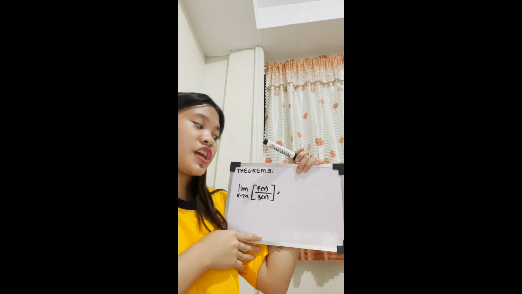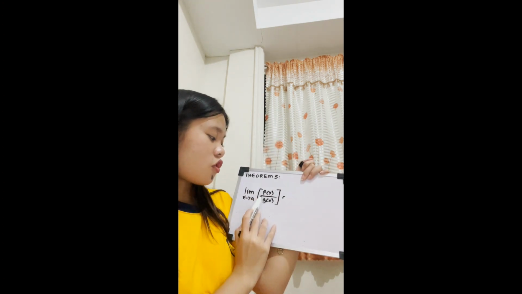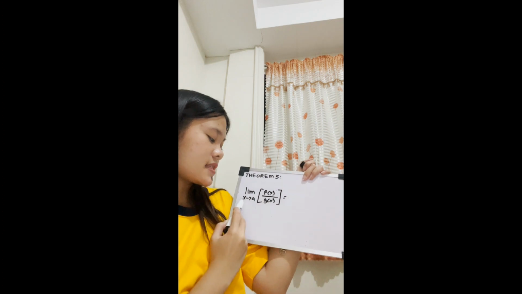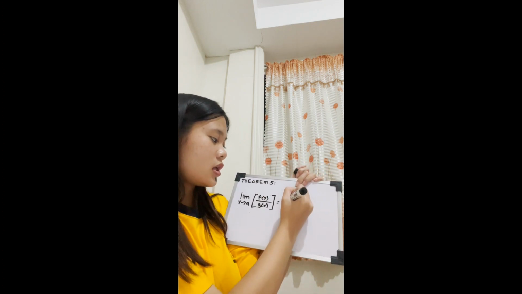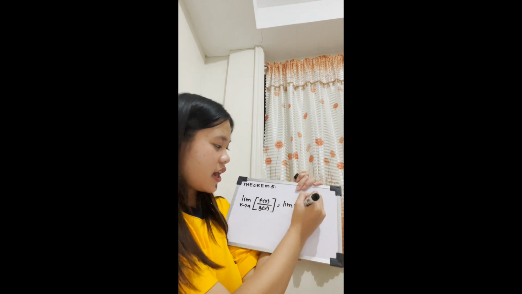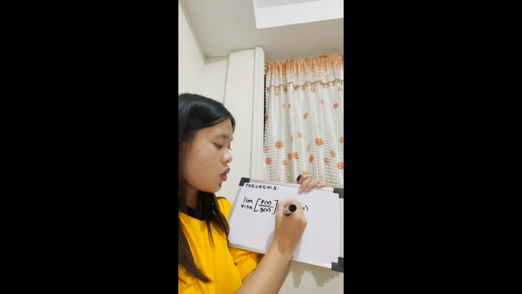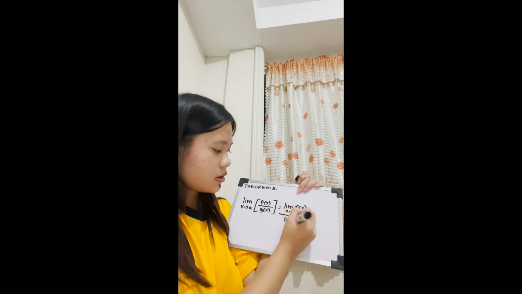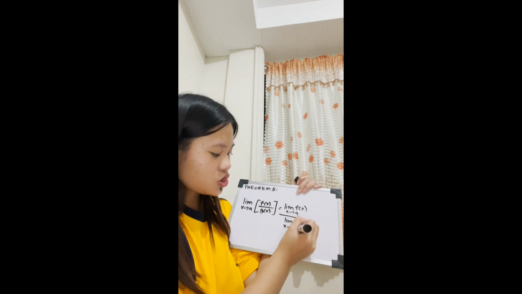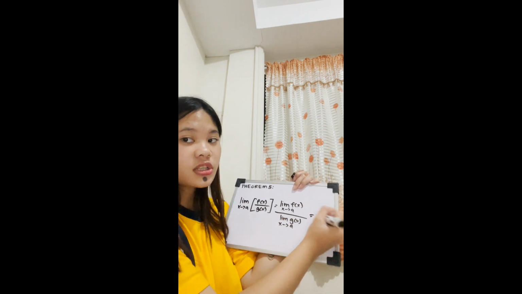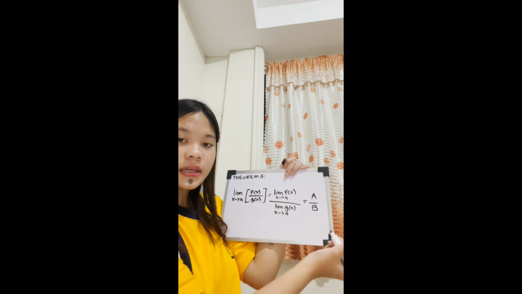How to solve theorem 5? Limit f(x) over g(x) as x approaches a is equal to limit f(x) as x approaches a over limit g(x) as x approaches a, which is equal to a over b.